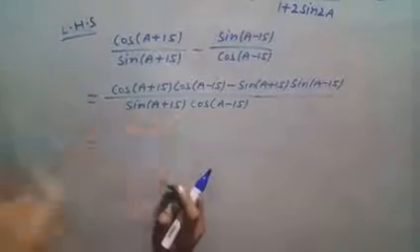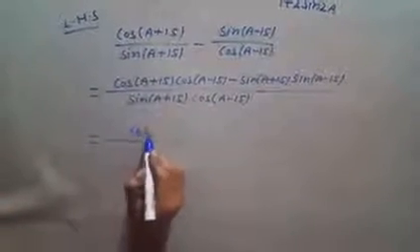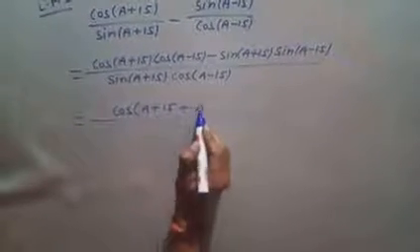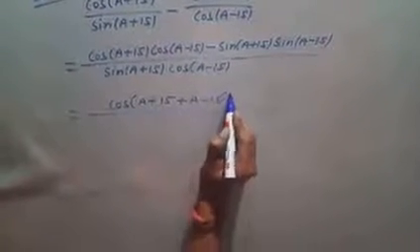Now cos a cos b minus sin a sin b, that is the formula of cos a plus b. So this is a plus b, and here we have to multiply with 2 and divide with 2.